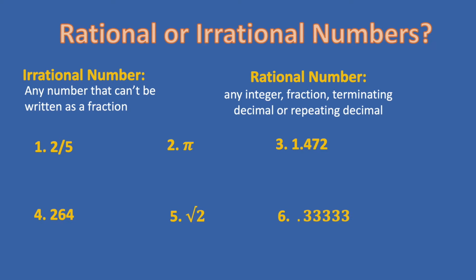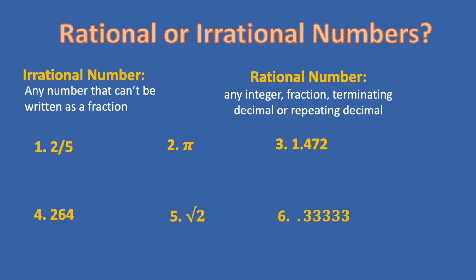But today we're going to talk a little bit about irrational numbers, since we didn't get to it in the previous video. And then we're going to go through some examples together and determine whether each one is a rational number or an irrational number.